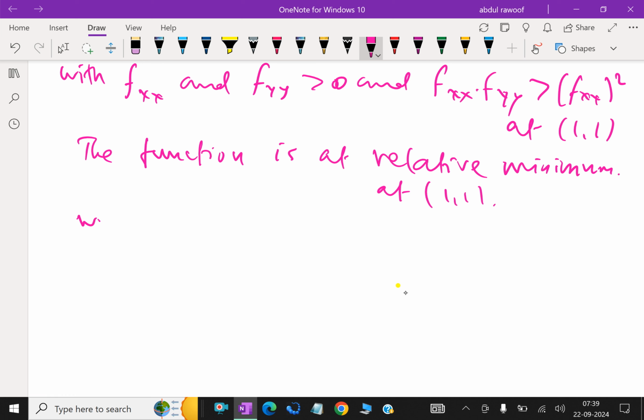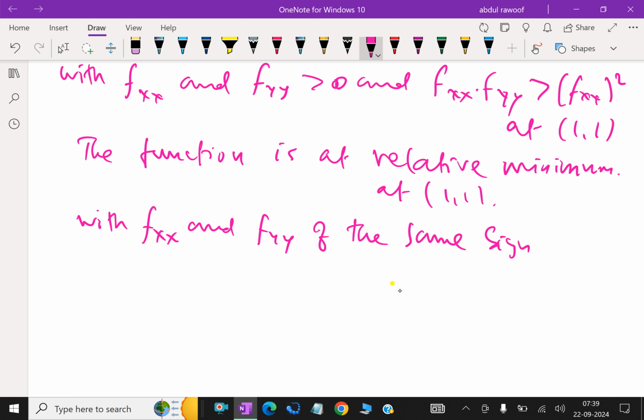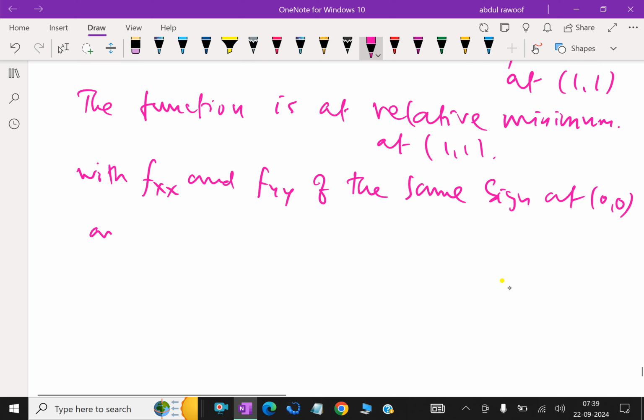With another condition, with fxx and fyy of the same sign at (0, 0), both having the same sign at the critical point (0, 0), and fxx fyy is lesser than fxy squared.